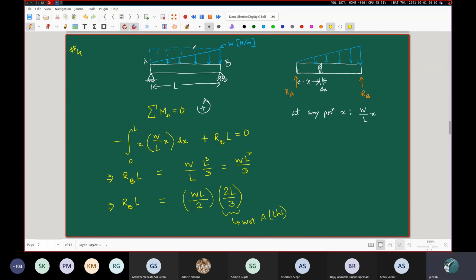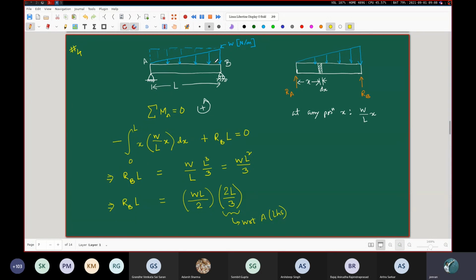So when you have a distributed loading like this, the moment arm corresponding to this end is twice L by 3. This is an important result which will actually help you to solve certain problems quickly, where this kind of triangular loading is not the entire thing, rather it is part of the problem.